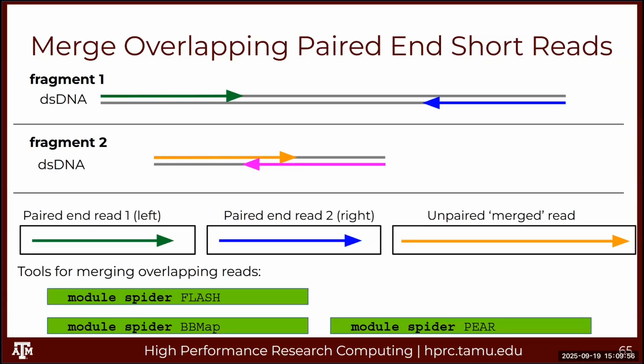So the bottom one here, if you can merge them into one long single end read, that might cut down on some computational work, and you can read the software you're using to see if it recommends merging reads. There's some tools you can use to merge the reads: Flash, BBMap, and Pear.